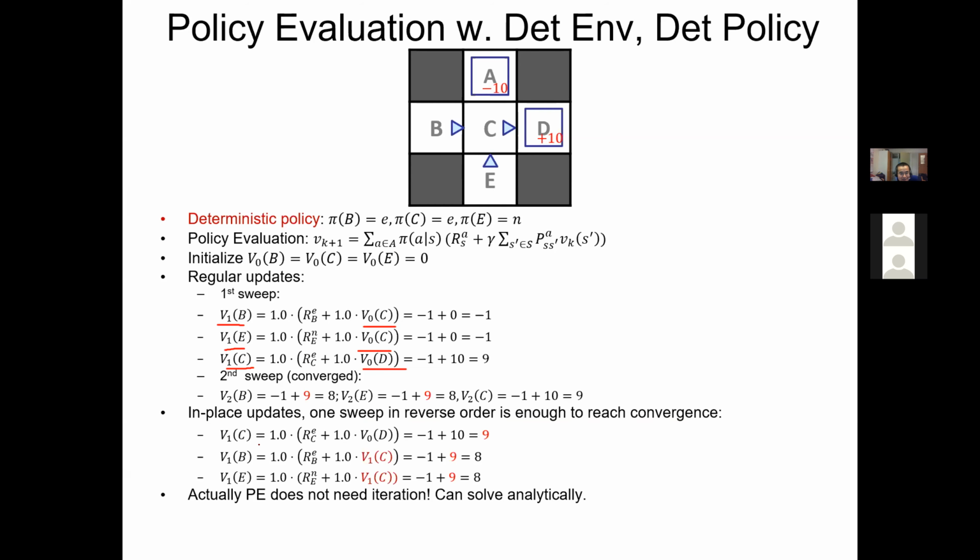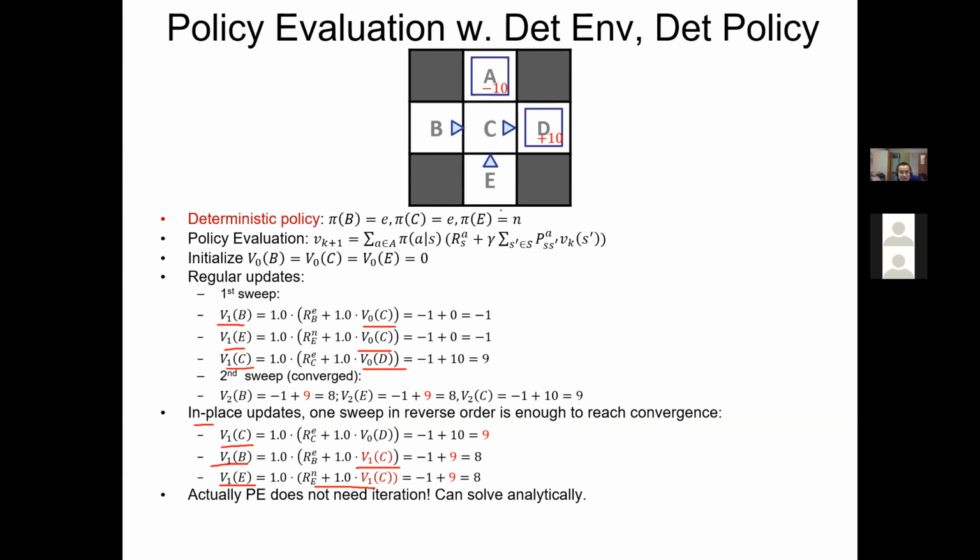That is, after you update C, you reuse the new value immediately when you update V1 of B. So you don't have a separate copy anymore for the value of V1 of C. Instead, you update the value of V1 of C in place and reuse it immediately. Similarly for E. So by using in-place updates, you get the same effect, except you converge faster.